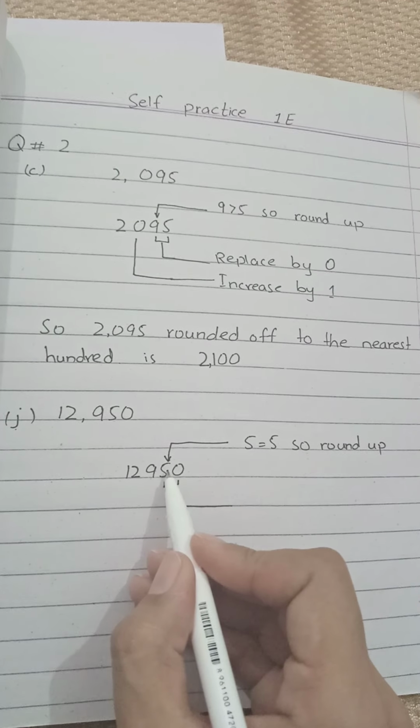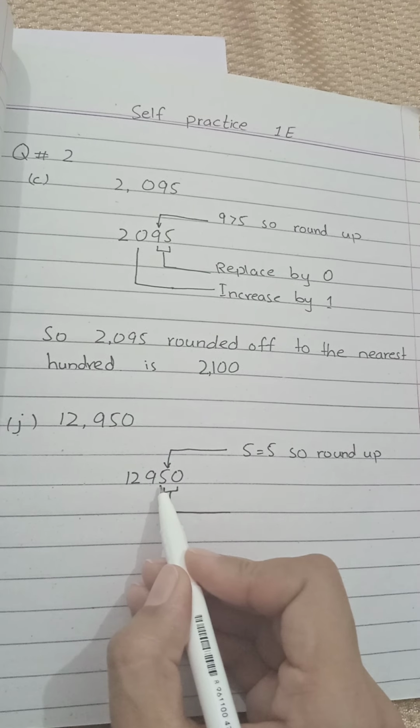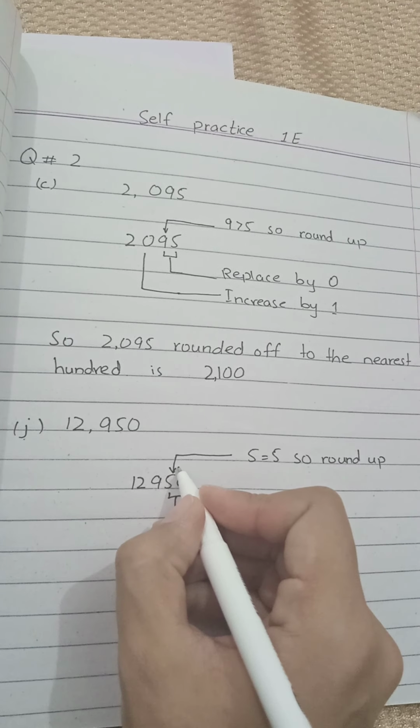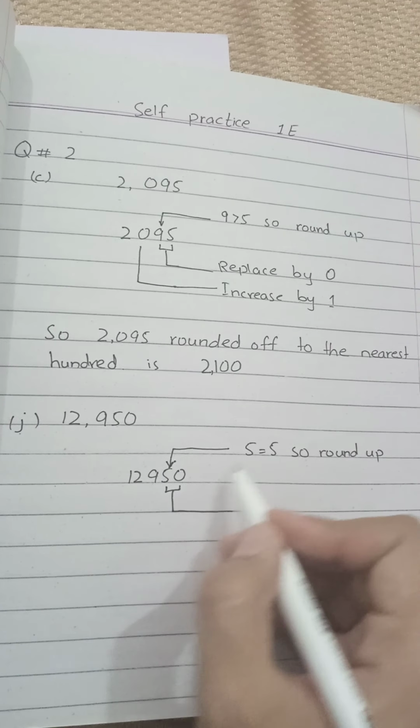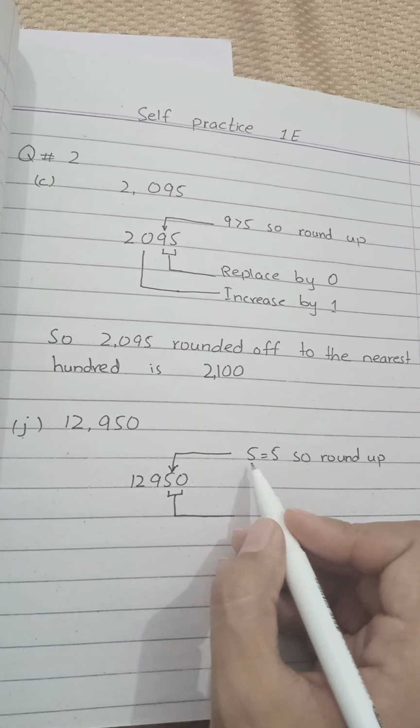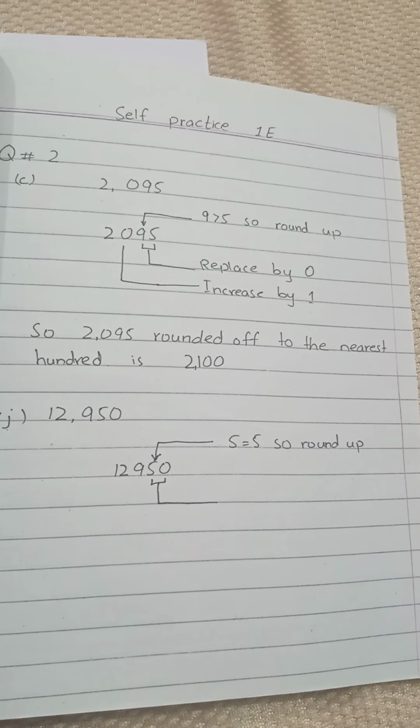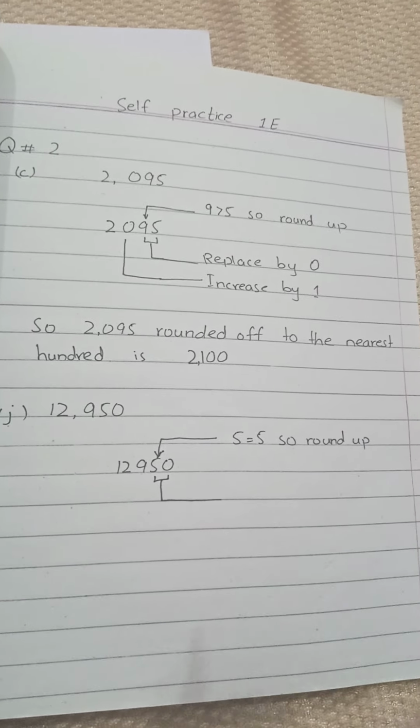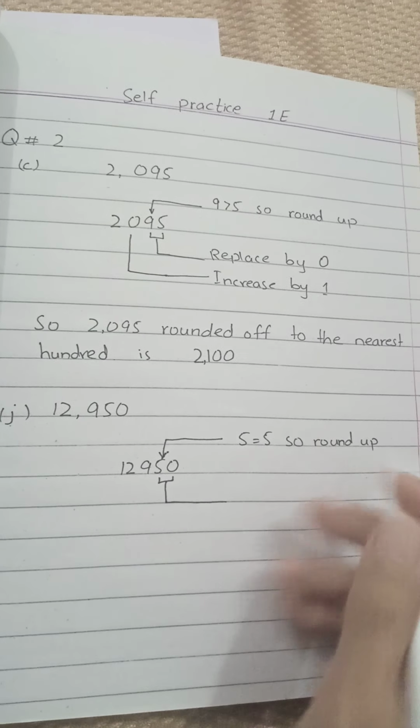We have to look at the number present at the tens place. I have put an arrow here and I have written that this number is 5. If any number is equal to 5 or greater than 5, we will round up.